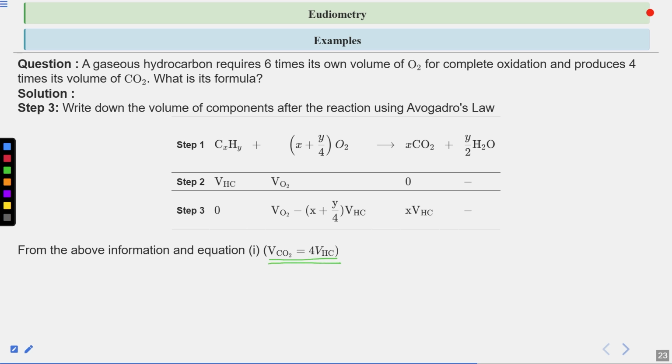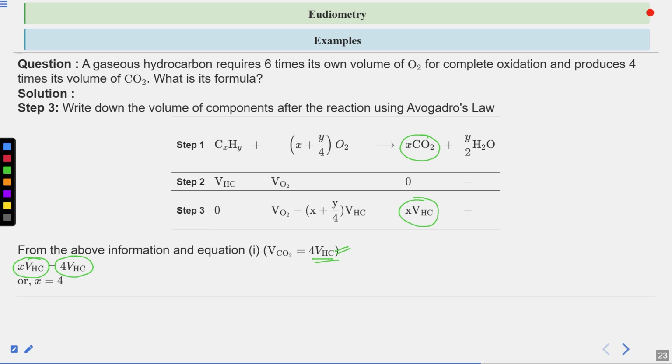It is given in the question. Now, what is the volume of carbon dioxide? It is X VHC. And it was also seen in equation 1 that the volume of carbon dioxide is 4 times the volume of hydrocarbon. Now equate both of these: X times the volume of hydrocarbon and 4 times the volume of hydrocarbon, which will give the value of X as 4.